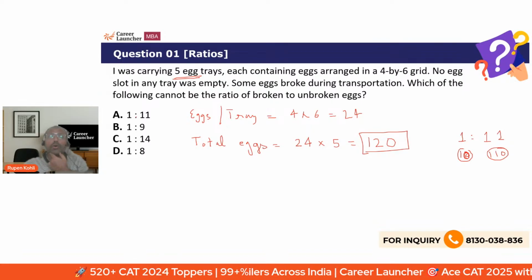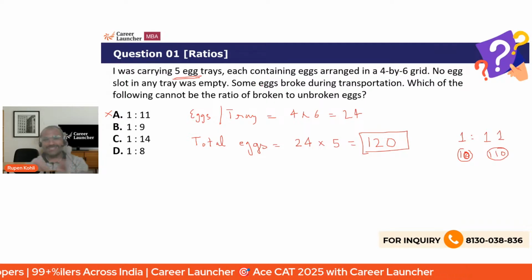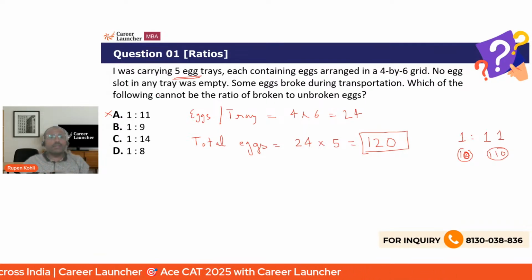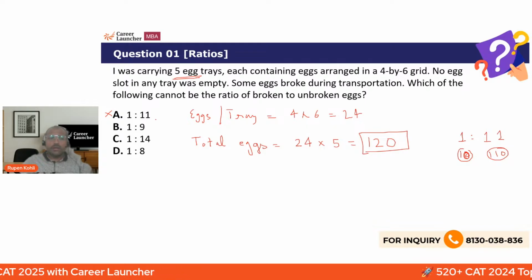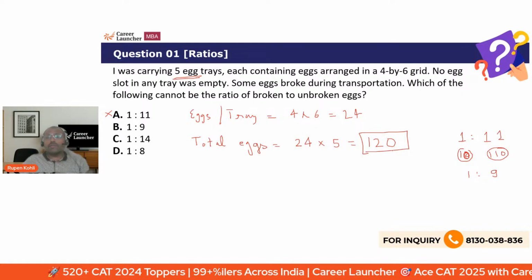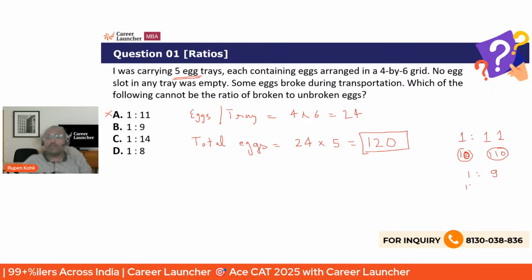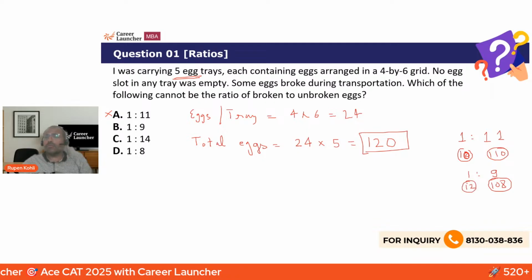So that's not my option, because I'm looking for the ratio which is not possible. 1 is to 9, similarly, is not my answer once again, because 1 plus 9 is 10 and 120 is divisible by 10. 10 into 12 is 120. So you can multiply these numbers by 12 and you get 12 and 108 eggs. 12 were broken, 108 were not broken.